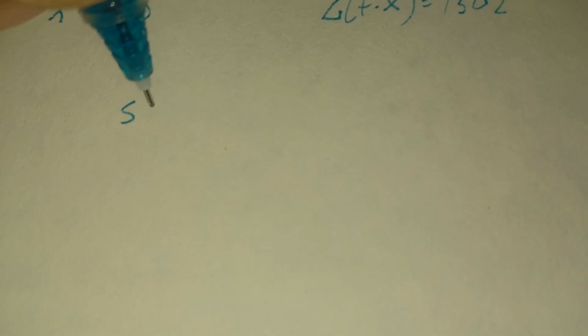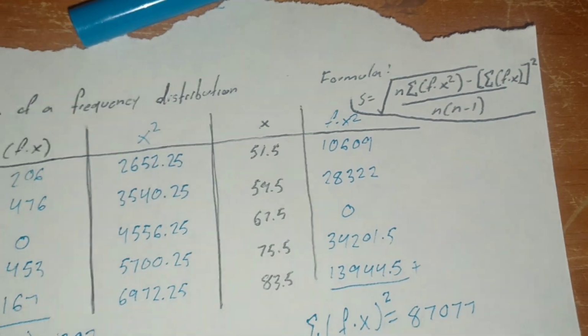So we have s is equal to the square root of n, which is your sample size, 20.